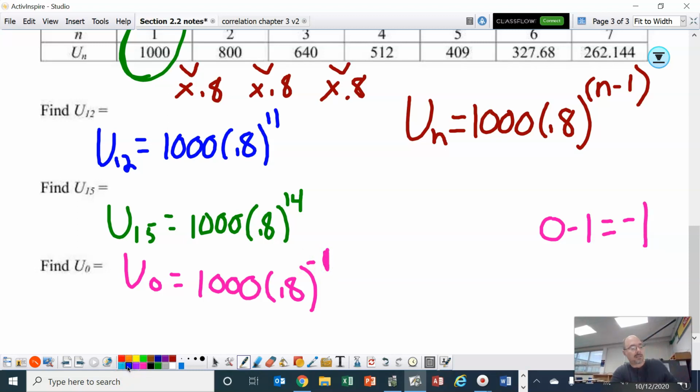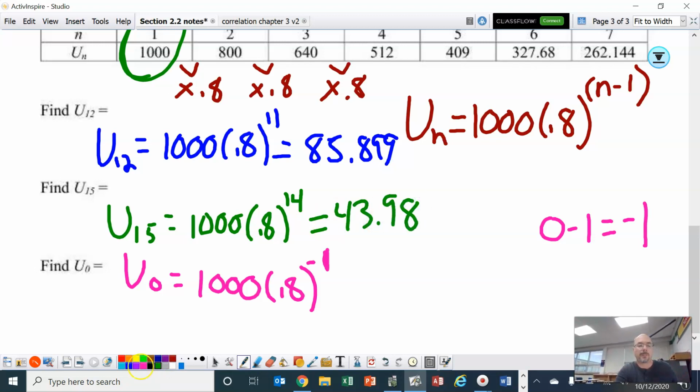All right, practice typing those in and make sure you get these answers. So this one is 85.899. This one is 43.98. And then this one would be 1,250. Interesting, huh? Because you're going the other direction. They're getting bigger as you go to the left. They're getting smaller as you're going to the right.